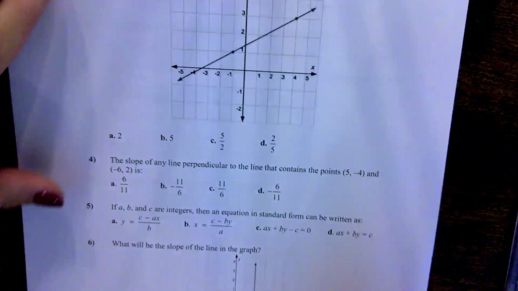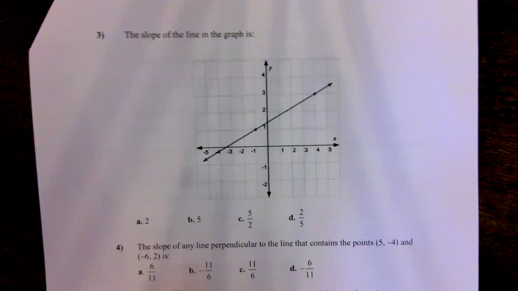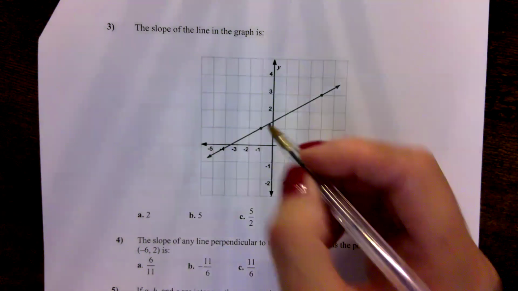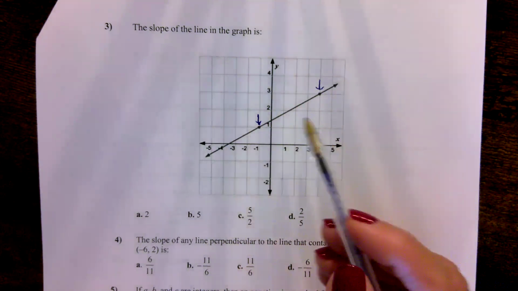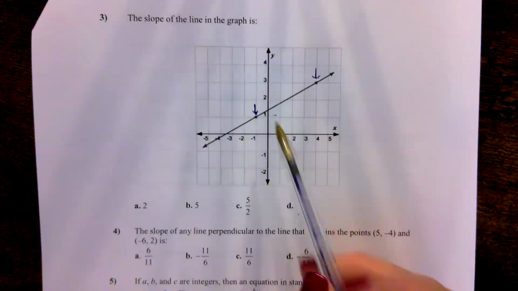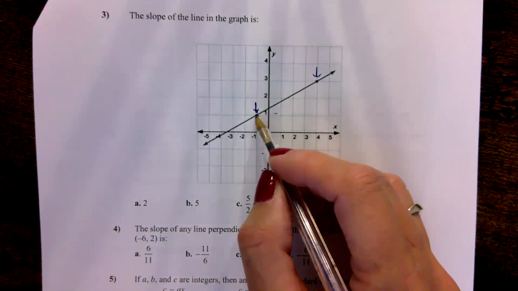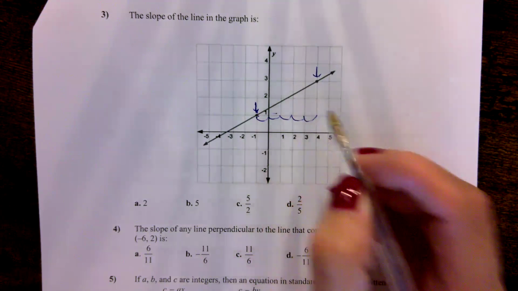So let's look at question number 3. Question 3 is just asking us to find the slope of this graph. So I'm going to identify 2 points that are integers, and we're going to count how many steps it takes to get to the next point. So from this point here, I'm going to go 1, 2, 3, 4, 5.